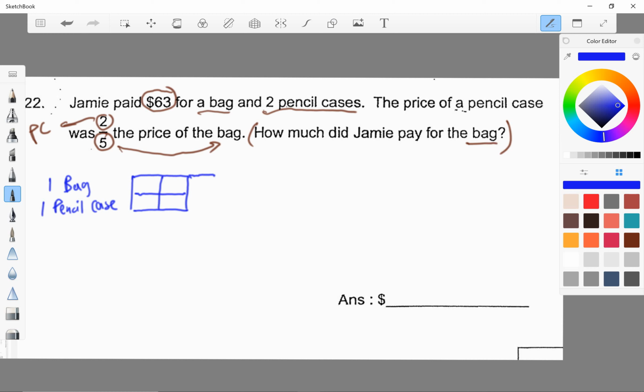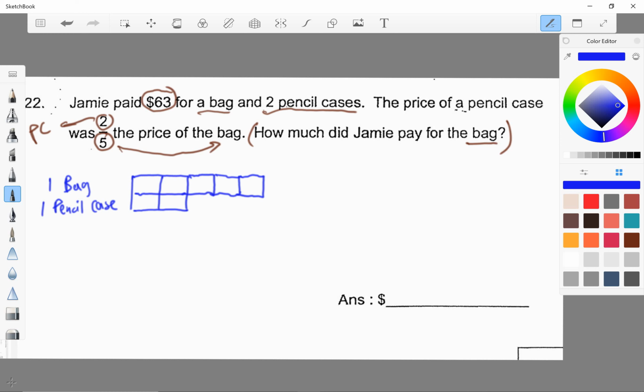So our bag, we got to make sure that we see 5 boxes, we see 5 units. It doesn't matter if your model is not nicely drawn. So long as you can understand, so long as the teacher can understand your drawing, this is more than good enough.